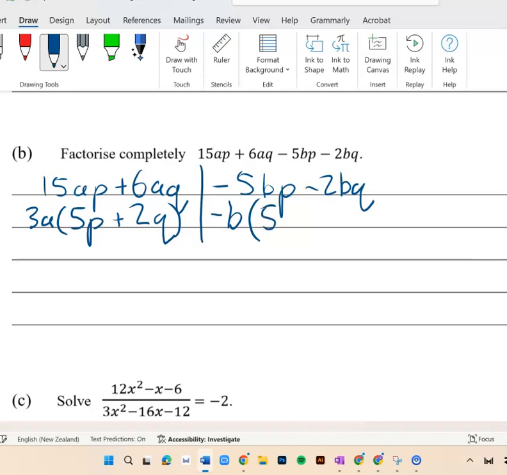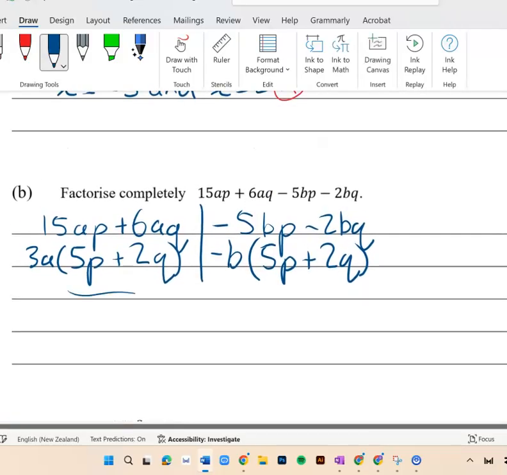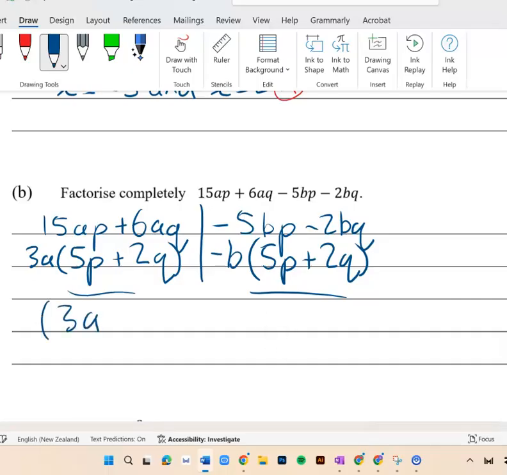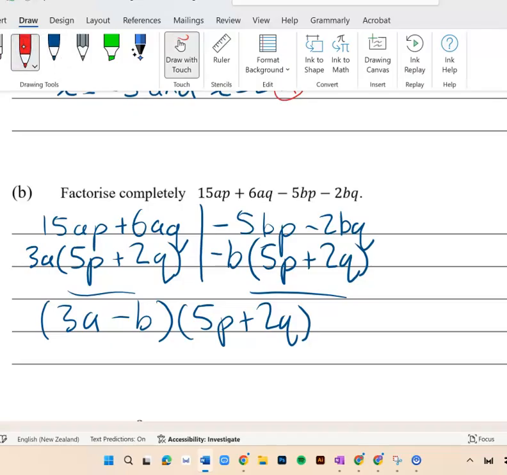That would just be 5p plus 2q. Now notice how these two are the same, which means we've done it correctly. So my final answer will just be 3a minus b and 5p plus 2q. And again, that is a simple achieved mark for us.